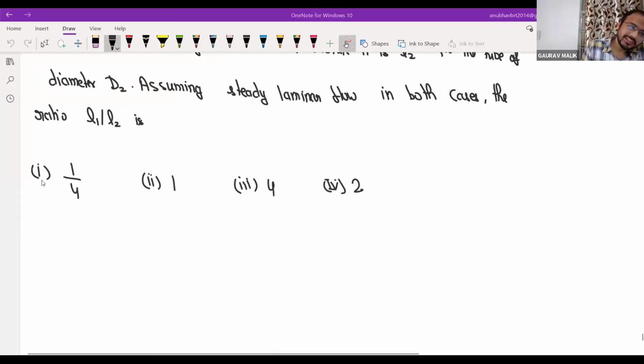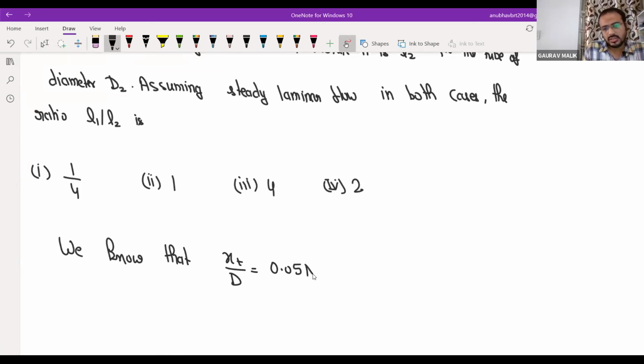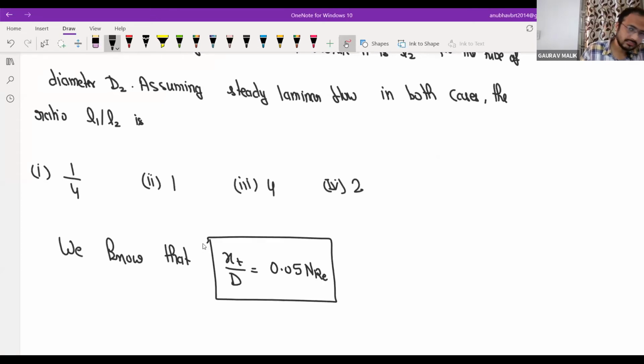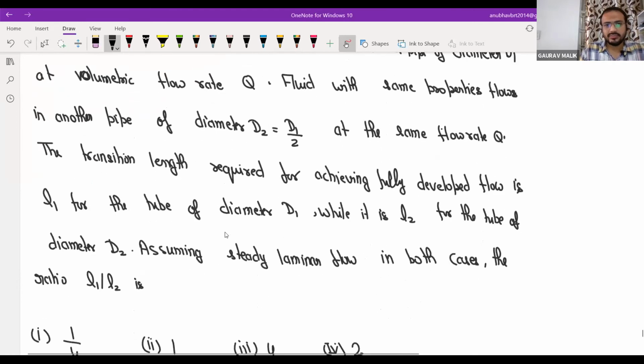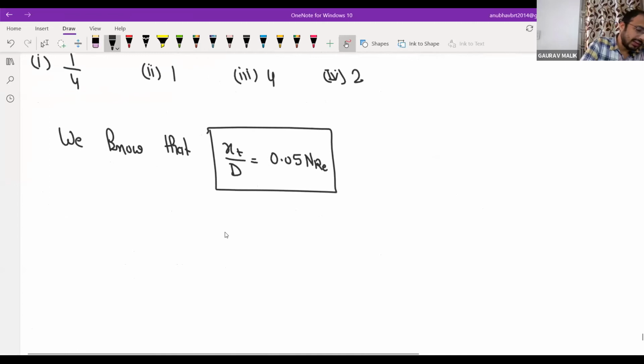Write down. We know that xt by d is equal to 0.05 into Reynolds number. It is mentioned that the volumetric flow rate is the same.